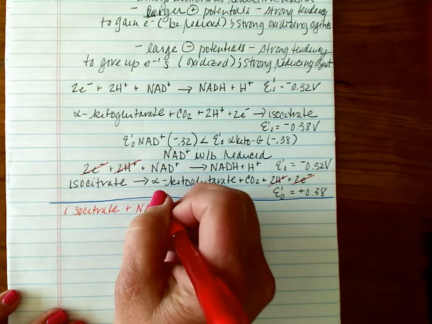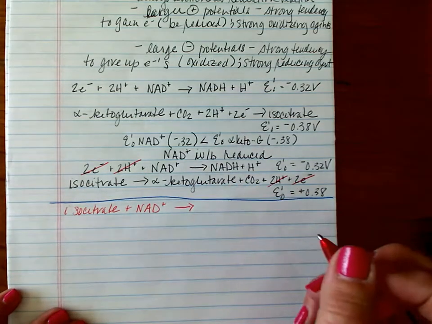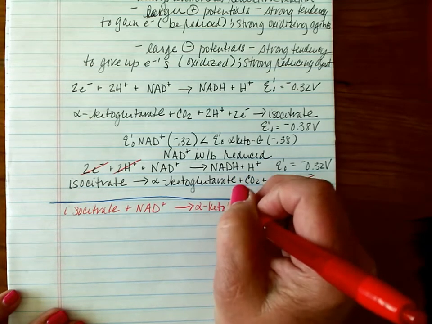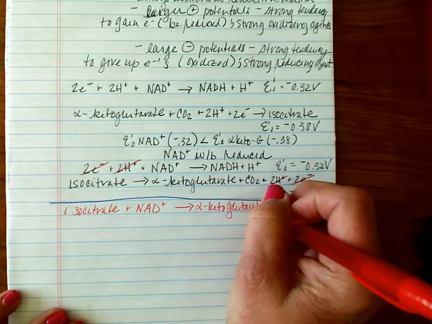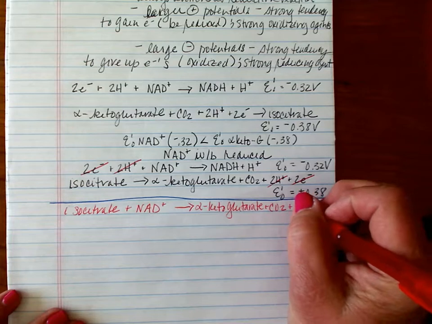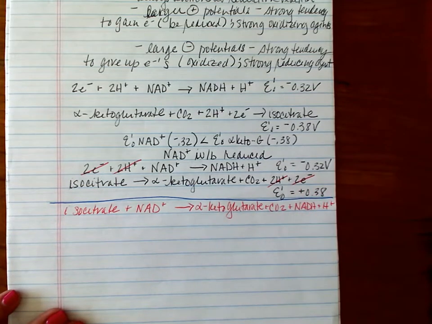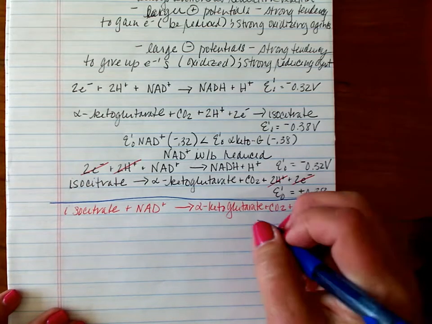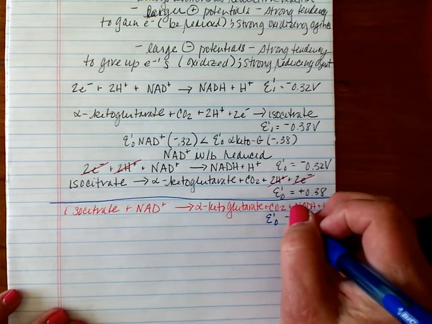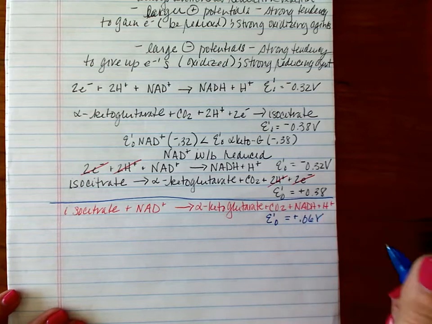that gives us isocitrate and NAD plus with alpha-ketoglutarate plus CO2 plus NADH plus H plus, and I get a standard E of this reaction as a positive 0.06 volts.